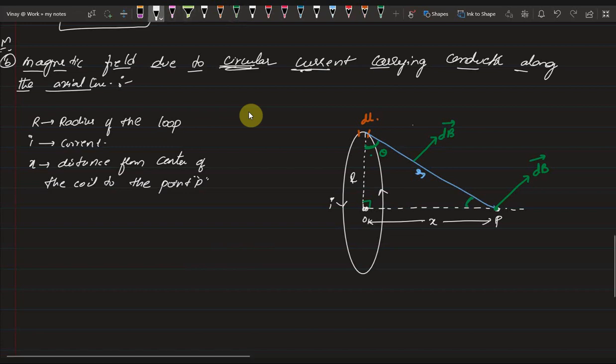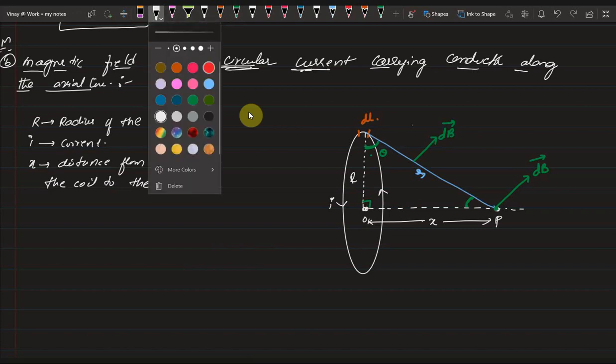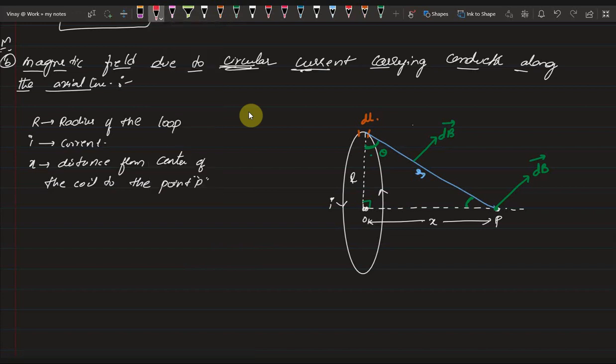Now, this dB bar I will resolve into two components, two perpendicular components. Now, can you tell me what is this total angle? 90. In this total angle, this angle is 90 minus theta.